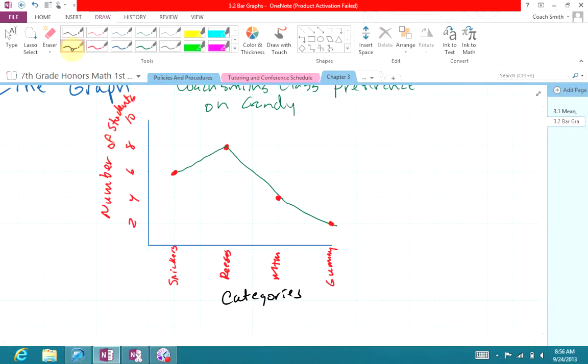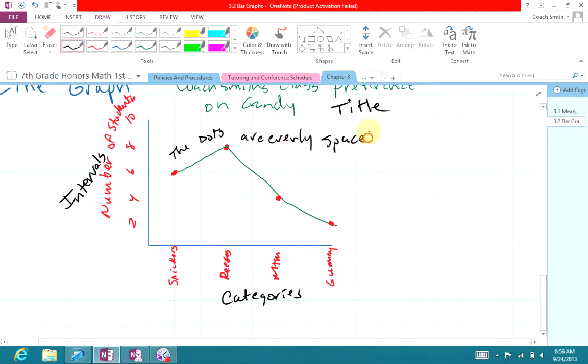Okay, it has categories, it has intervals, has a title, okay, and in this one, the dots are evenly spaced, where on the bar graph they have to be the same width. You want your dots to be evenly spaced.